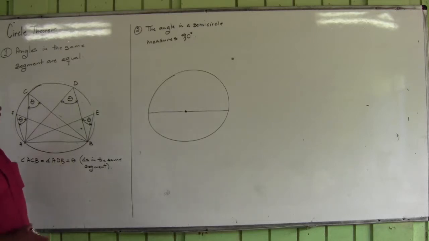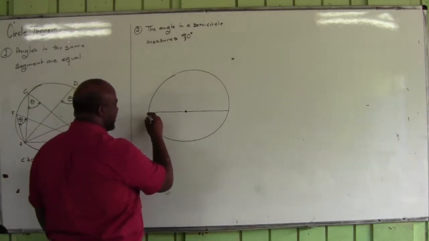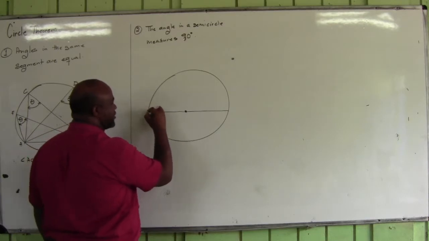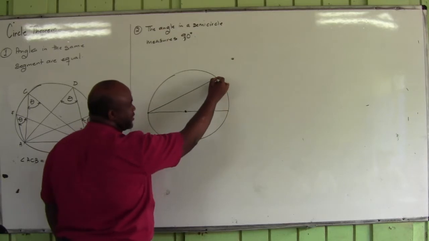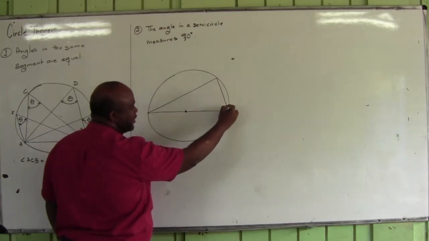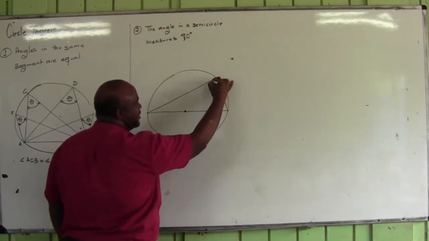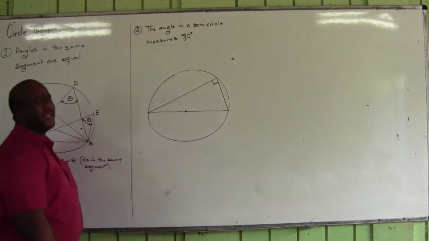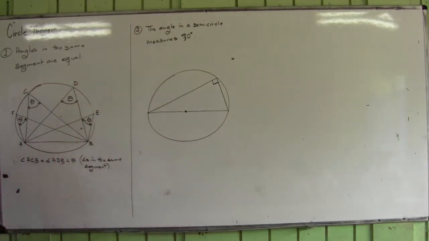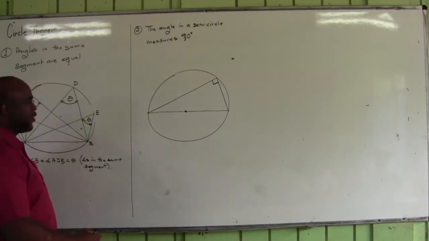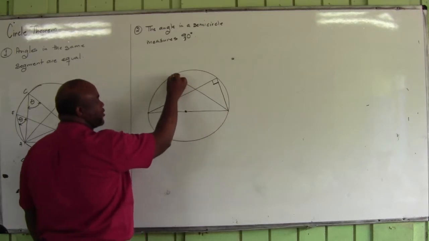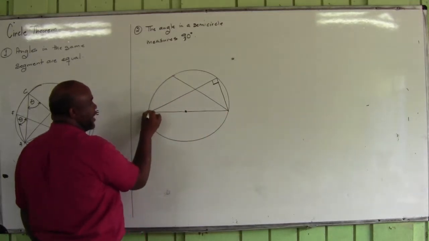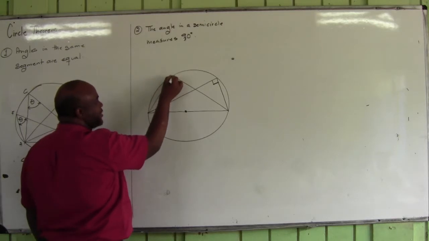Let me show you what I mean by angle in a semicircle. So you start at the what? Circumference and the diameter, up to the circumference, then back down to the other end of the diameter. This angle here must be equal to 90 degrees. It is called angle in a semicircle. Let's draw another one. You start from one end of the diameter, up to the what? Circumference, and back down to the other end of the diameter.